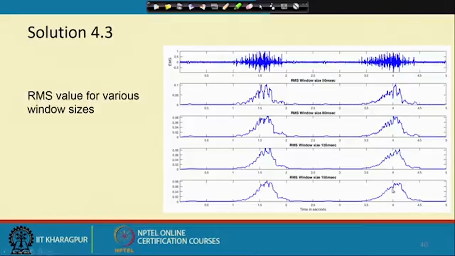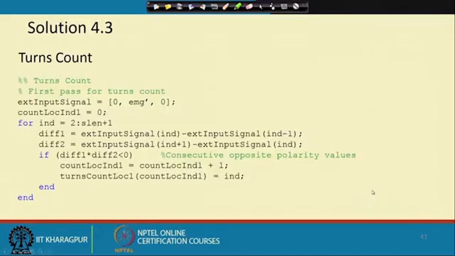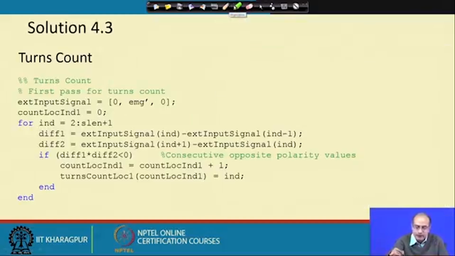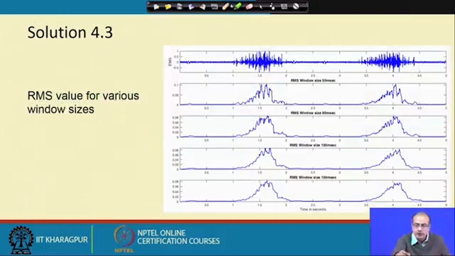And here we are showing all the values together. In fact, that helps us understand their impact better. We are putting all of them together. The first one is the EMG signal, then 50 millisecond, 80, 120 and 150 millisecond.